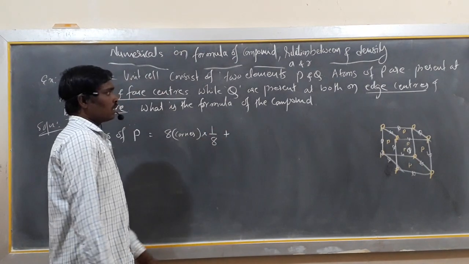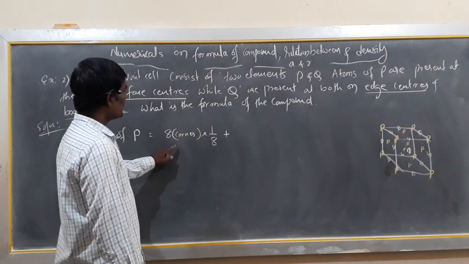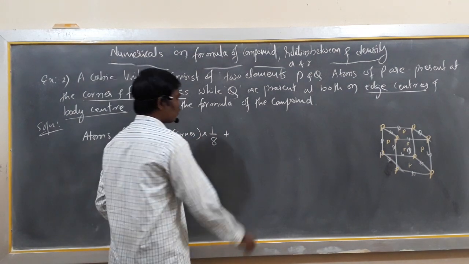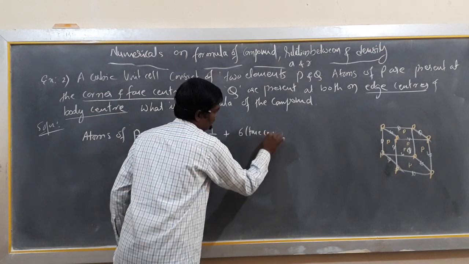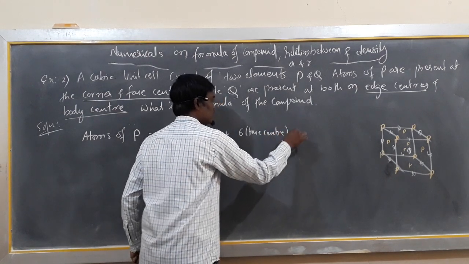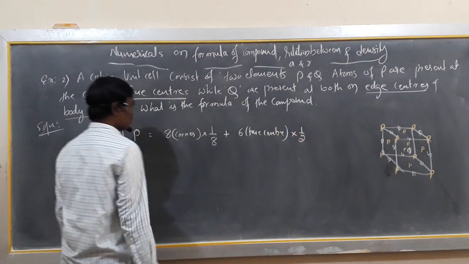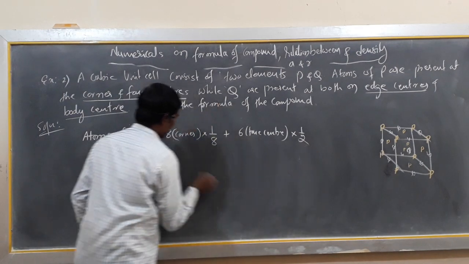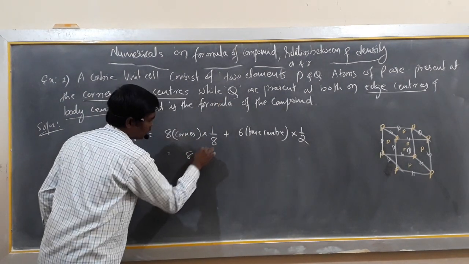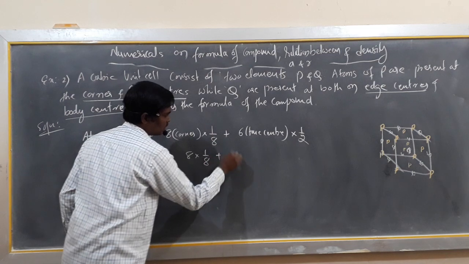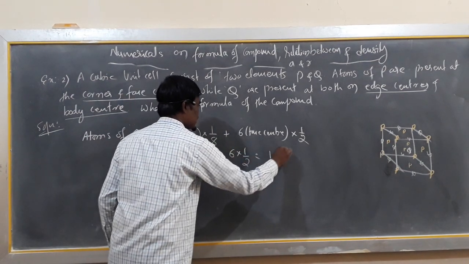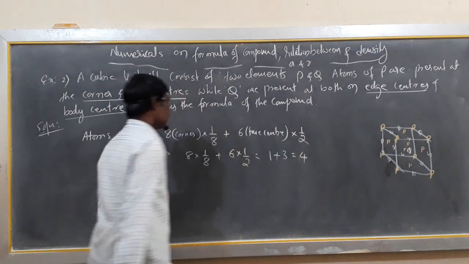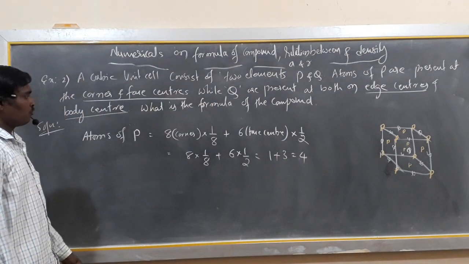Along with that, there are face center particles, which are also P. So there are 6 face centers, and the contribution of each face center is 1 by 2. Therefore, if I simplify, it is 8 into 1 by 8 plus 6 into 1 by 2, which is 1 plus 3, equal to 4. The total number of P particles is 4.